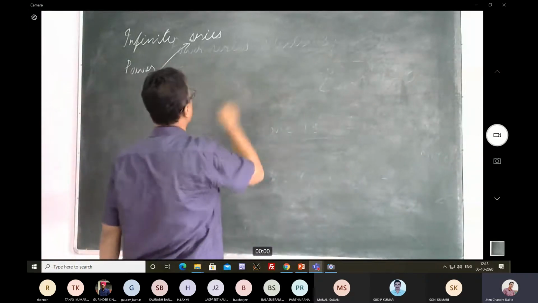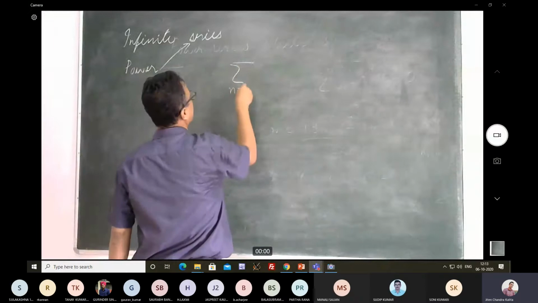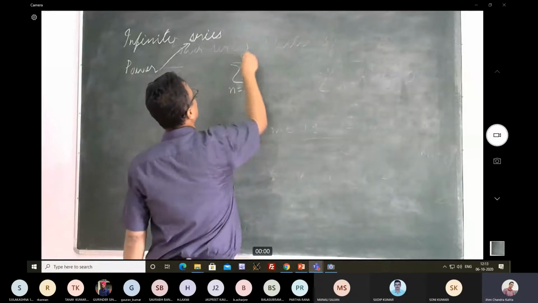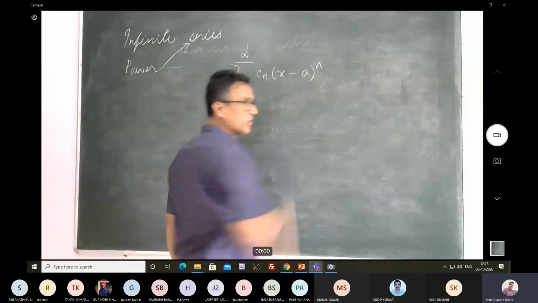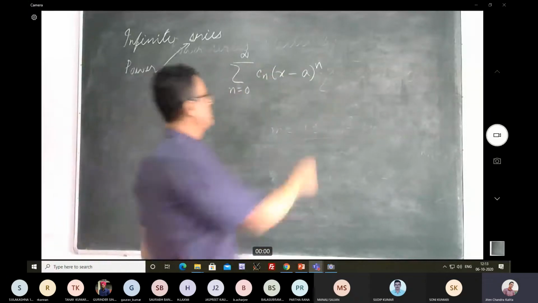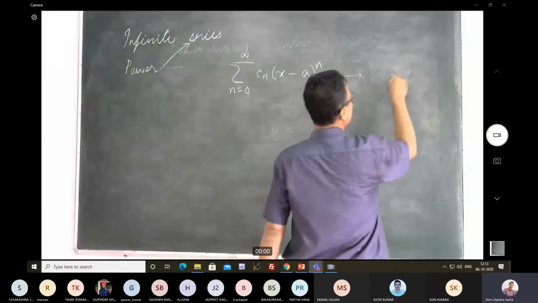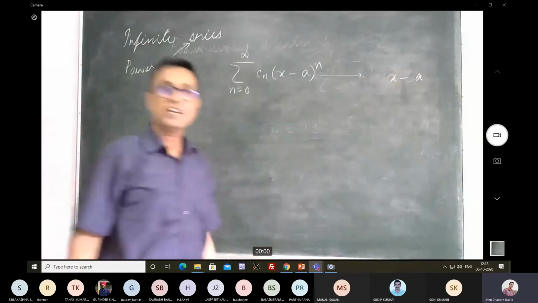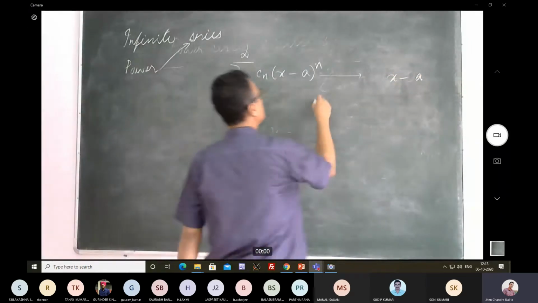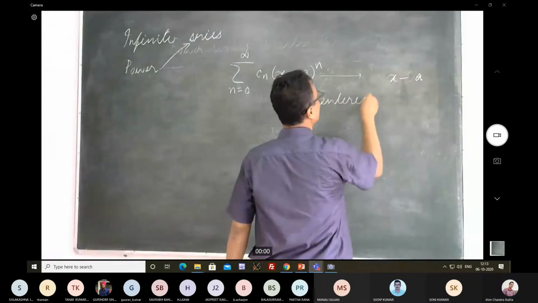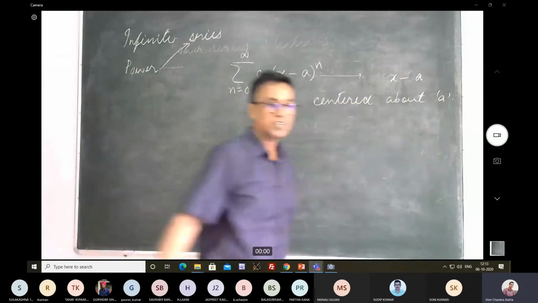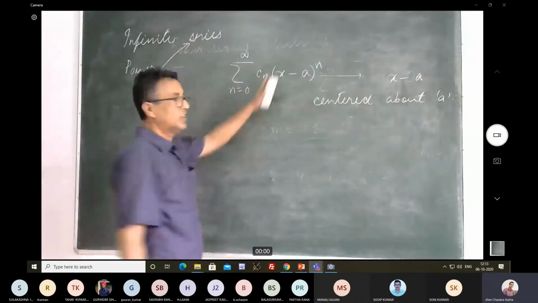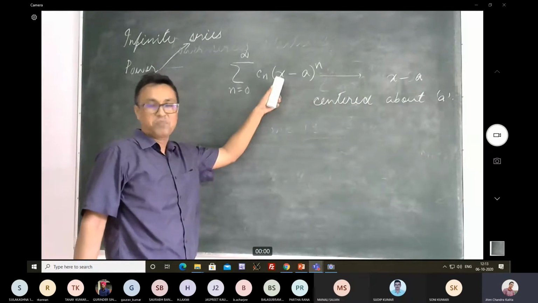If you have an infinite series of this form, this is called a power series in x minus a, centered about a.